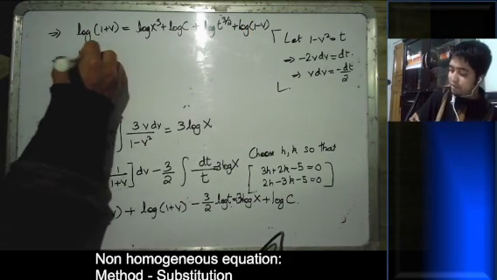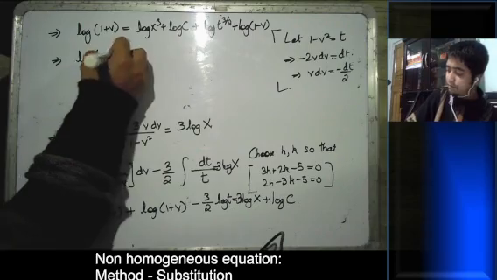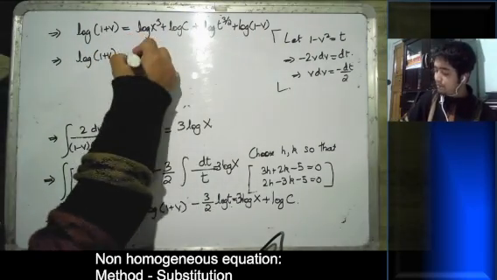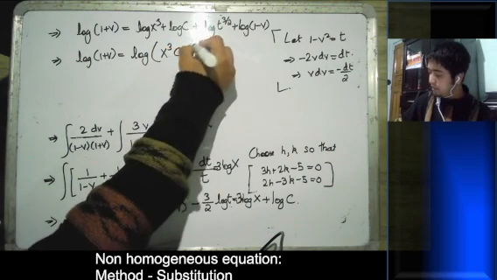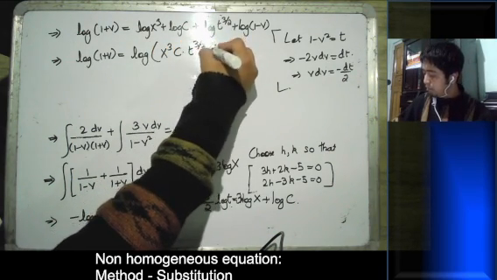So we'll be having log 1 plus v. So everywhere it's plus: x cubed c t power 3 by 2 (1 minus v).